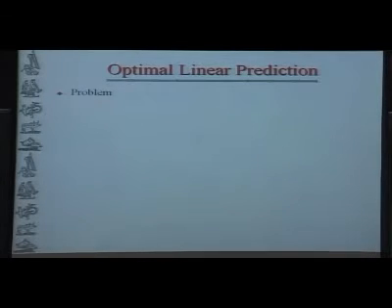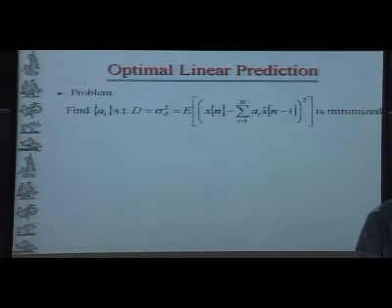I don't know if anyone covers that, but we're going to show that this is just a Wiener filter. If we observe the autocorrelation, the correlation between the samples, we'll be able to design these filters in a few mathematical steps.